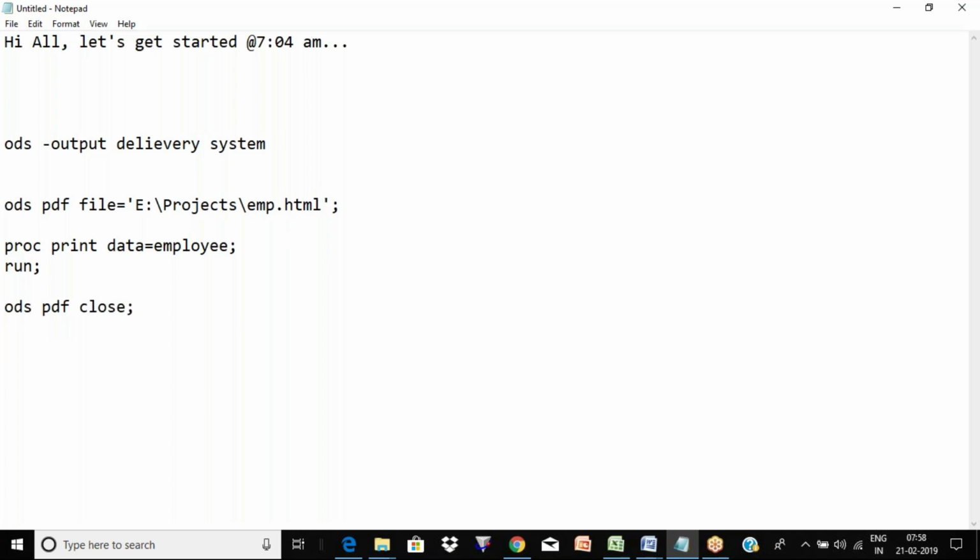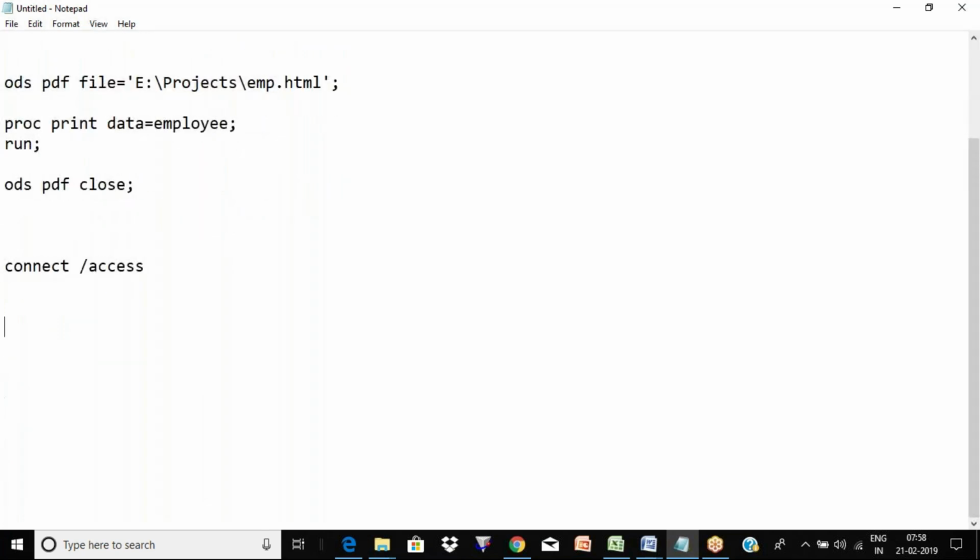Now the other thing you're asking about is Connect and Access. That is also SAS code only. How do we connect to any database from SAS? I'm sure you must have learned about this. In proc SQL, you mention connect to Oracle, you give some name to the connection, and say what the user is, what the password is, what the database path is.